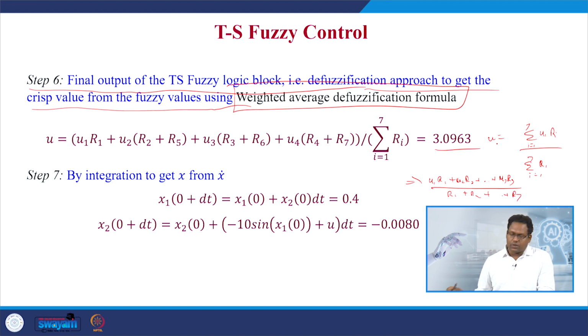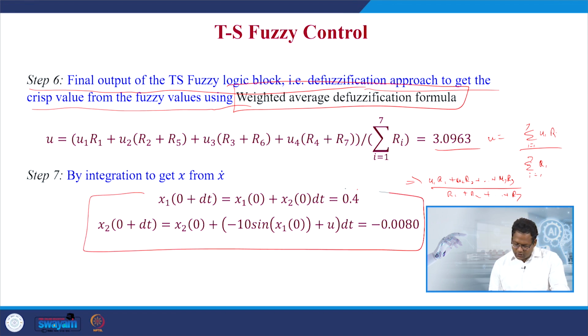So, for the first iteration, the crisp value obtained from the defuzzification block is u equal to 3.0963, and this u value is given back into the discretized state model in order to obtain x of k plus 1, that is, x of k plus 1 equals x of k plus delta t into x dot of k.